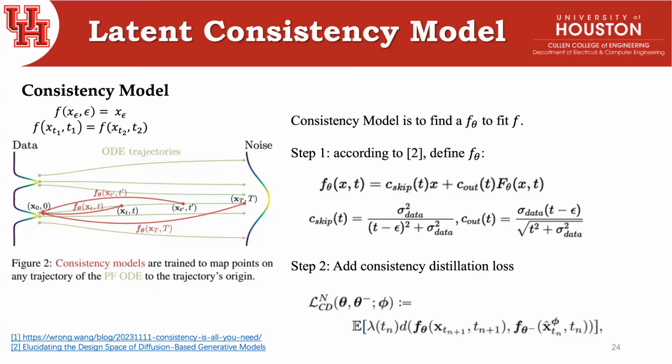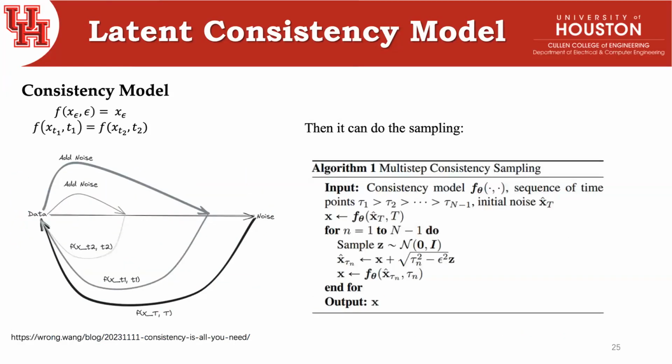So that's the consistency model. And what can they do during sampling? Now we have a noisy picture at this point, and we apply f theta to get back to the data. When they get back to the data, they add noise again at time step t1 and get to this point.